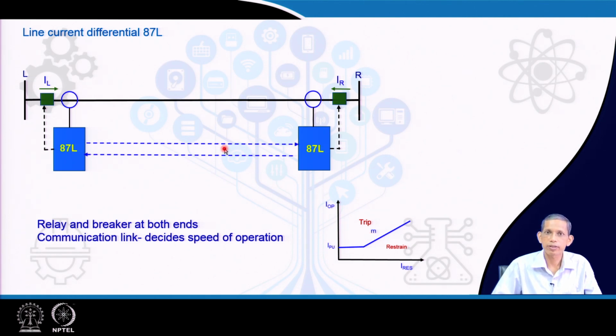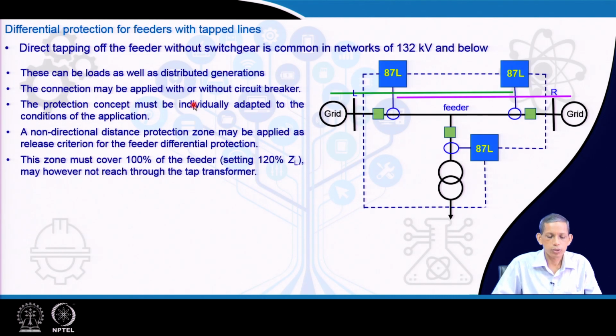In the case of the differential relay for transformer protection, that is localized, and therefore it can be pretty high speed, whereas the speed of operation of the differential relay here is decided by the capability of the communication link.